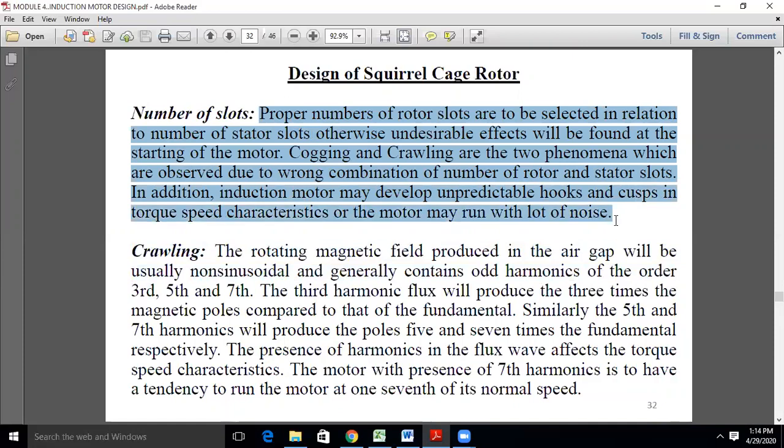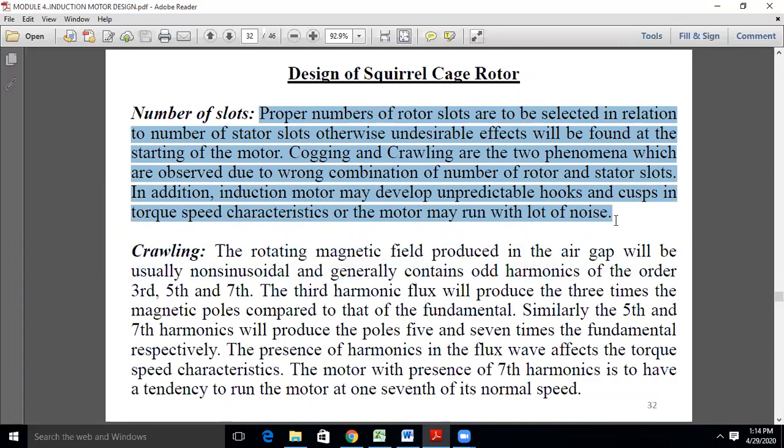See, as much importance is given to the stator slots, the same will be given to the selection of the rotor slots. These rotor slots are to be selected in relation to the number of stator slots. Otherwise, undesirable effects will be found at the starting of the motor.